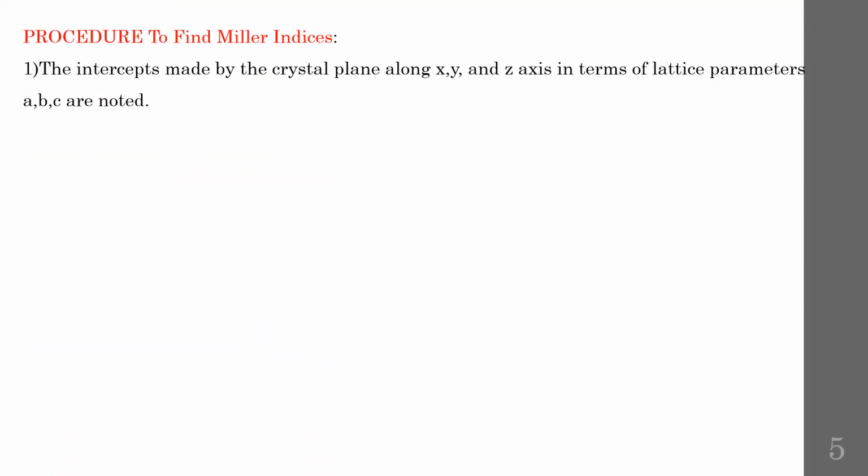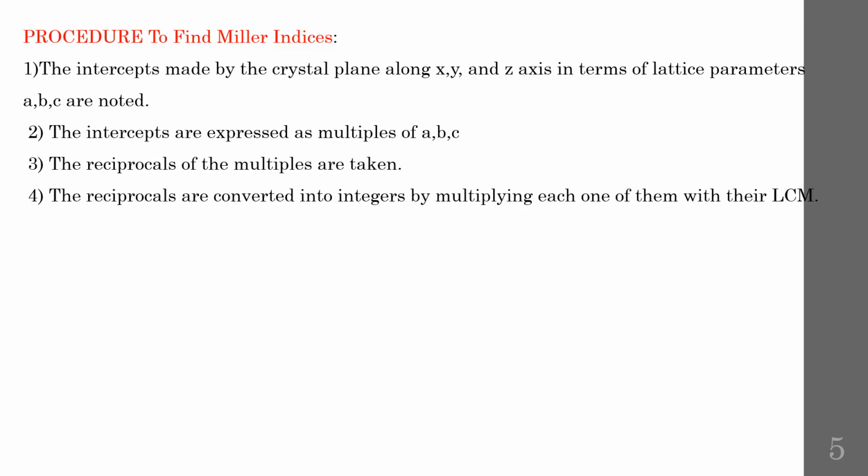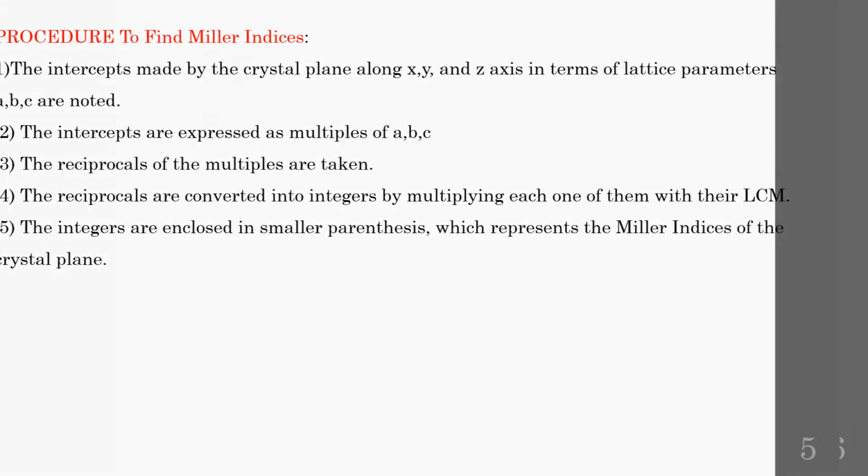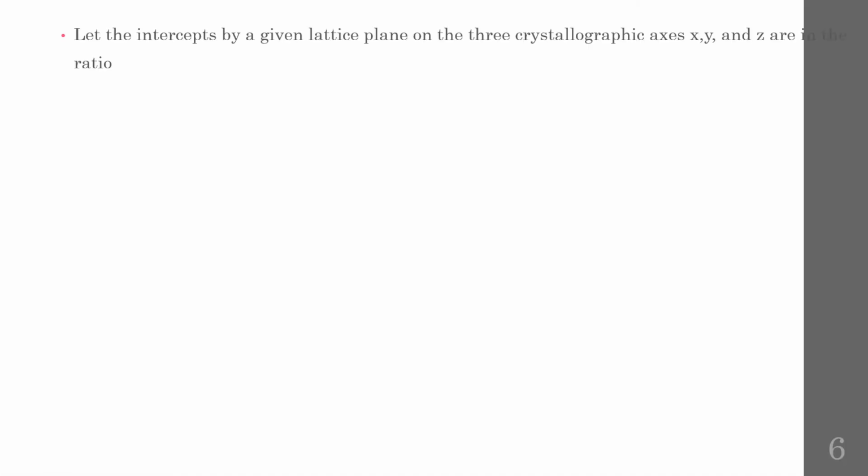So we will see the method to find the Miller indices. We will consider the intercepts made by a plane on the three crystallographic axes x, y and z in the ratio pa : qb : rc, where a, b and c are the lattice parameters, and p, q and r are small integers.